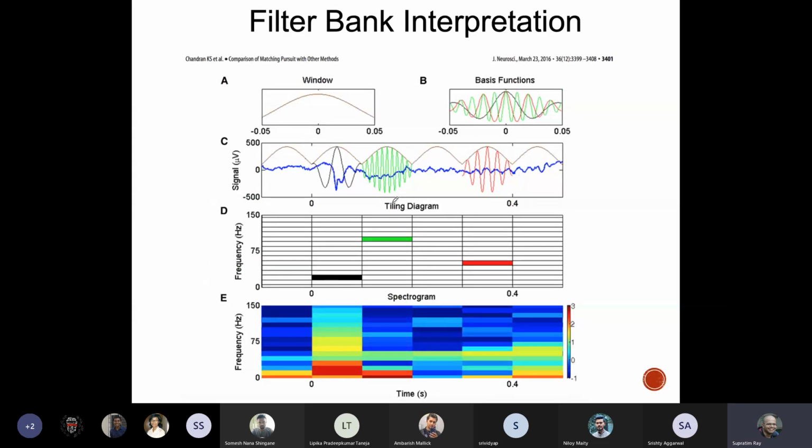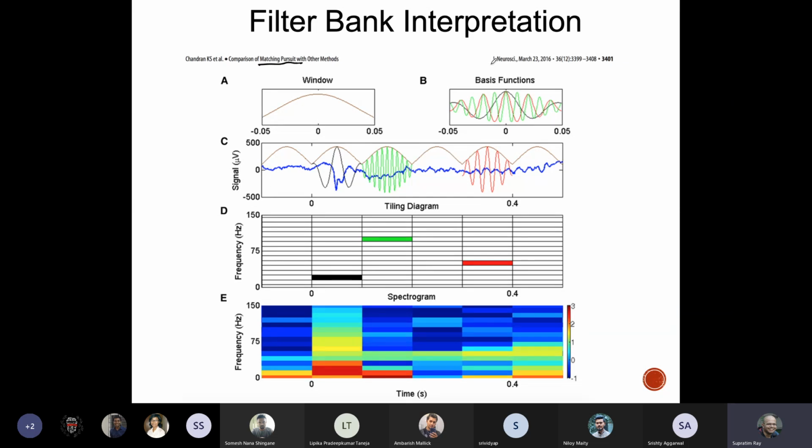Yeah, so this is the filter bank interpretation. So this is my window. By the way, this is the paper I was telling you about. This is my former master's student, Subhash Chandran. So it's a tutorial slash toolbox for running a complex technique called matching pursuit that we will get to in a few classes, maybe next class.